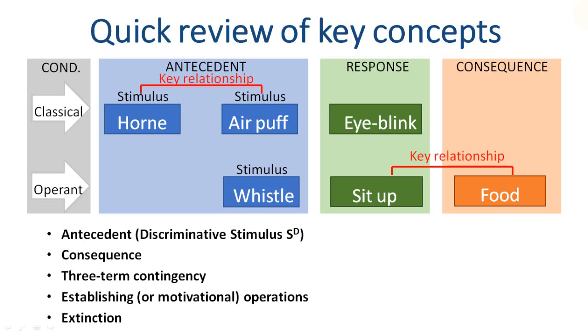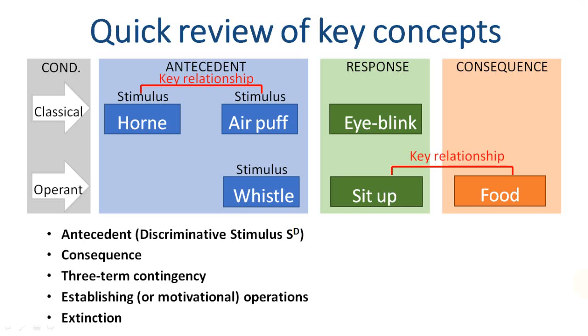On the other hand, if we wanted to change a behavior that has been acquired via operant conditioning, we would have to focus on changing or breaking the relationship between the response and the consequence, because remember, the consequence is what is maintaining that particular response.